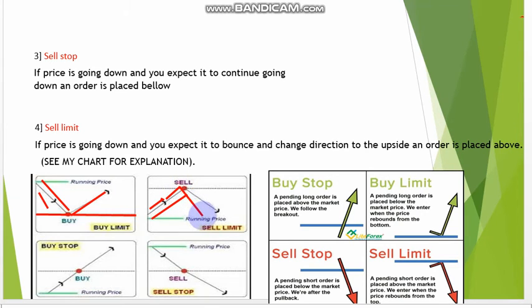You start selling, and it will start going down. Because you will not be there, you can place a sell limit around this area. So when the price reaches this spot where you placed the sell limit, automatically you enter the trade, and if you are correct, you make profit. If you are wrong, you get stopped out by a stop loss.